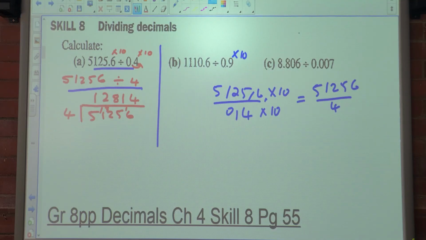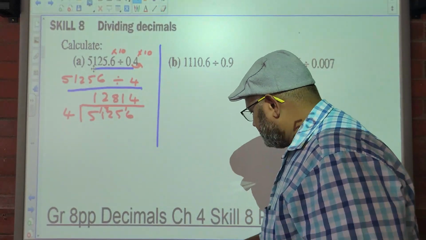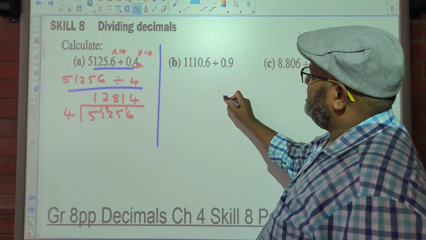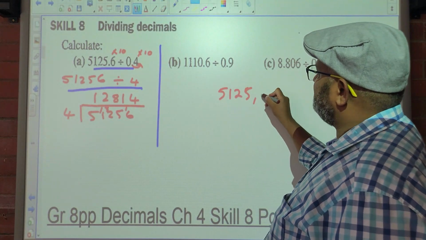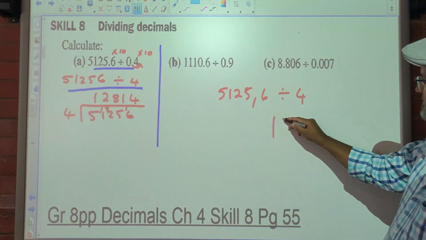Yes, Michael? So what if the number that you divide by is really a whole number? Okay, good question. So if it is a whole number, then it would have been 512.56 divided by 4, like that. Then it's simple.